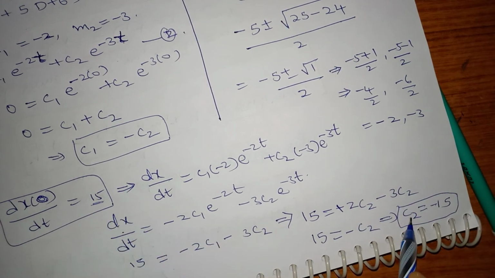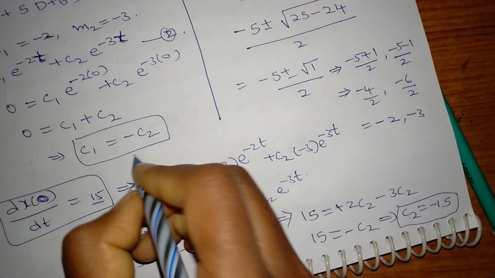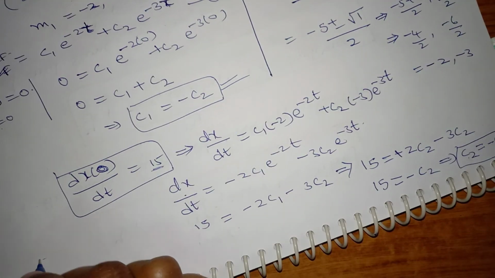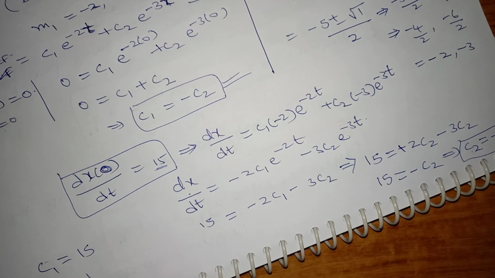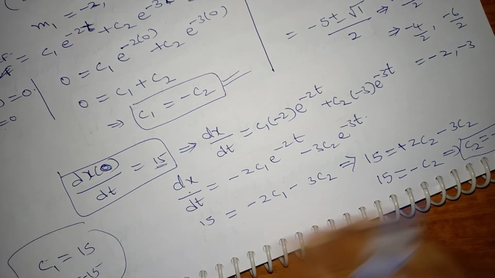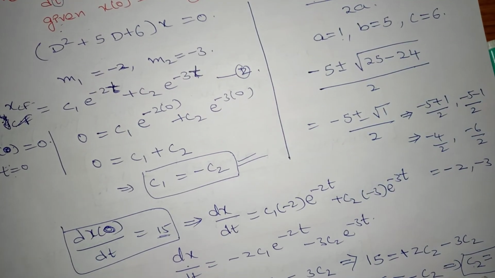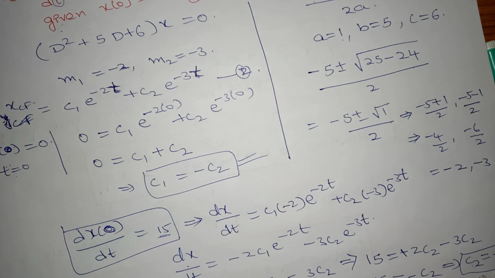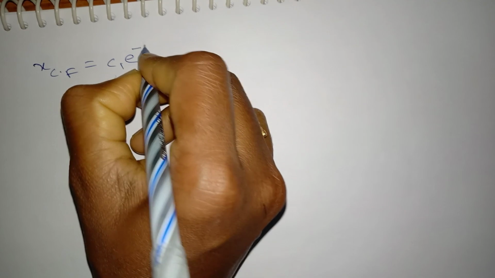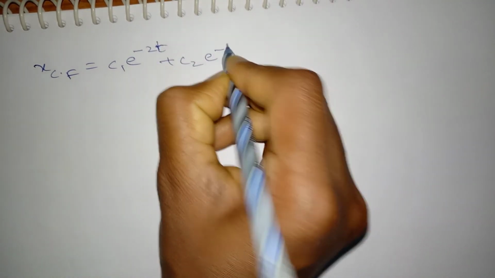Now substitute c2 in this equation. We have c1 equals 15. So c1 equals 15 and c2 equals minus 15. Now substitute c1 and c2 values in the complementary function equation. The complementary function will be equal to c1 e power minus 2t plus c2 e power minus 3t.